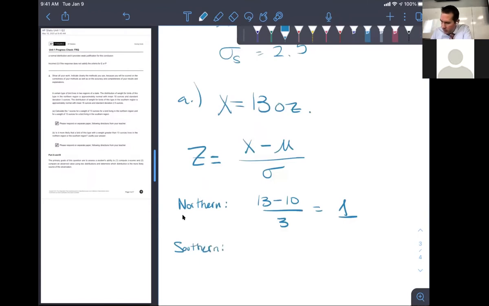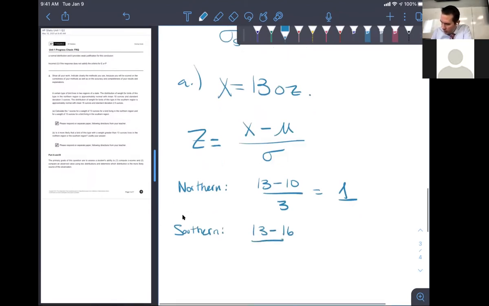Southern is 13 minus 16 over 2.5. So that's -3 over 2.5, or -6 over 5, which is -1.2.